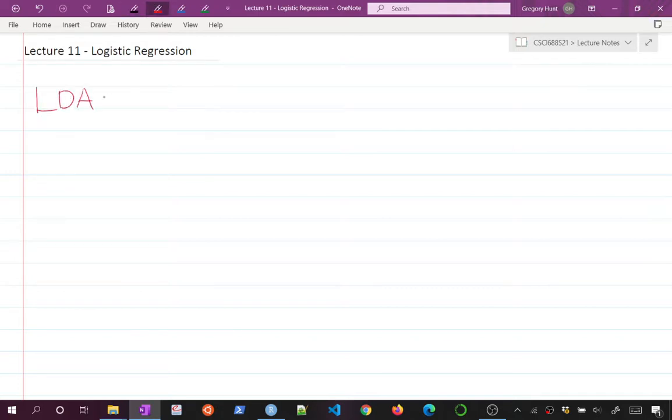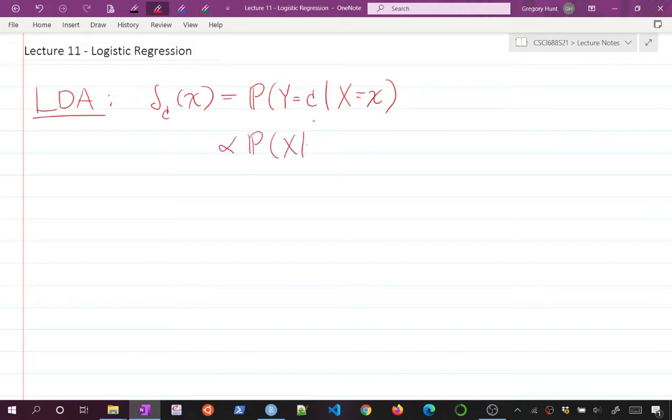LDA, just to do the quick recap here, we had our discriminant functions, which were approximating our probability that y is in our class given our data. And we had approximated this probability by using Bayes' rule, first to flip this around, so we can calculate it as the probability of observing our data point given our class label of the data point times the probability of observing that class label.